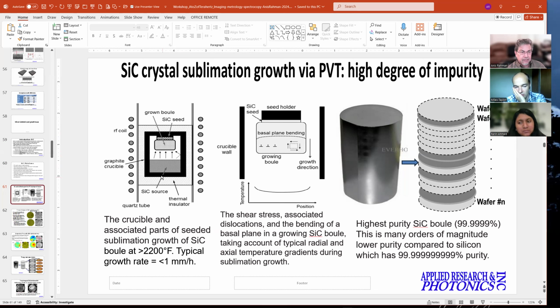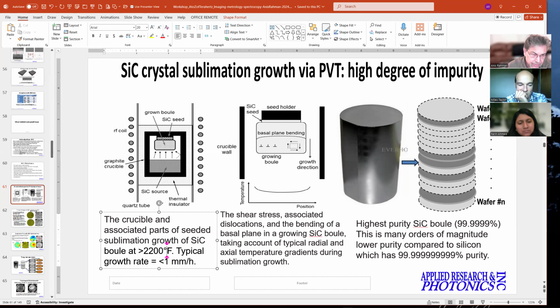In fact, there is a radial gradient and also an axial gradient. There's a mistake here, it's 2200 degrees Celsius, not Fahrenheit.